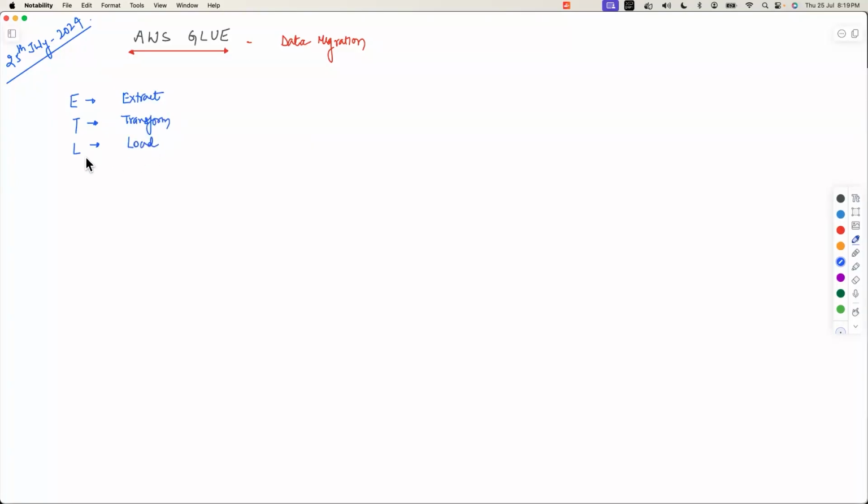Extract, transform, and load, right? So what is AWS Glue used for? DB migration. I'm just guessing. No. Okay.